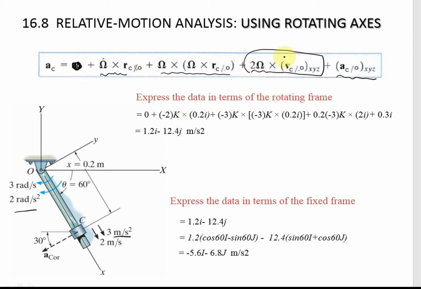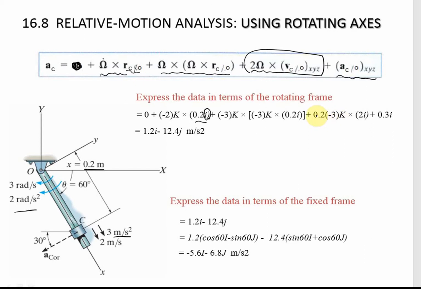Okay. So if you just plug all the information into this equation, right now our angular velocity and angular acceleration are in the k direction, and you know that the position vector of C from O is 0.2 small i, because your 0.2 is pointing from here, and everything else is the same.